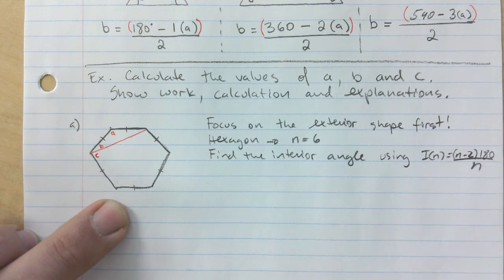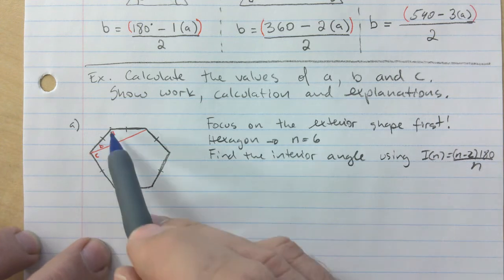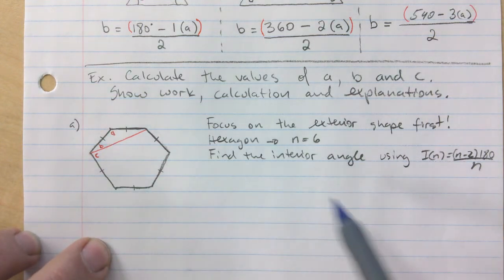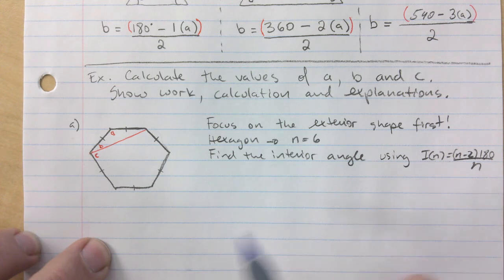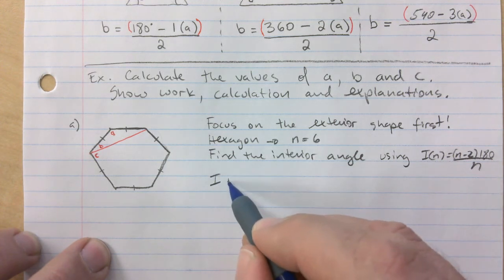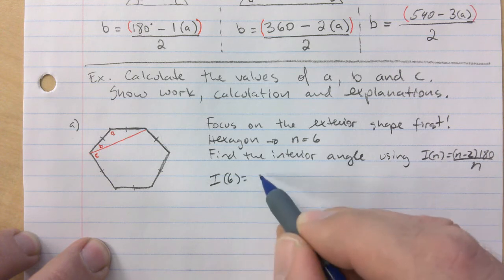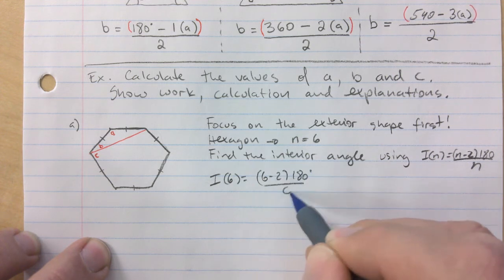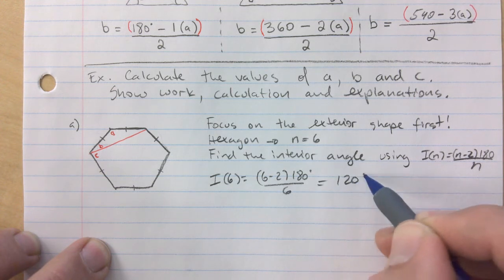No matter what, that's your starting point. Okay, you want to find out. They happen to ask for it anyways, but even if they don't, you're going to have to do that. So the interior angle of a hexagon, I'm sure if you've done your homework, you will know this already, is 120.